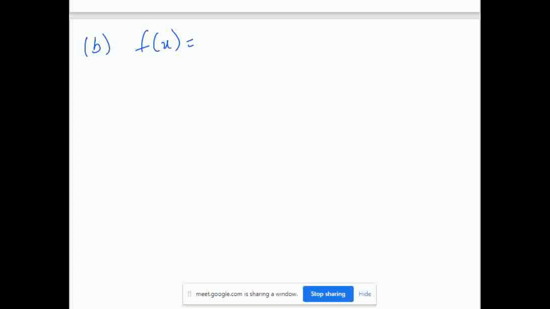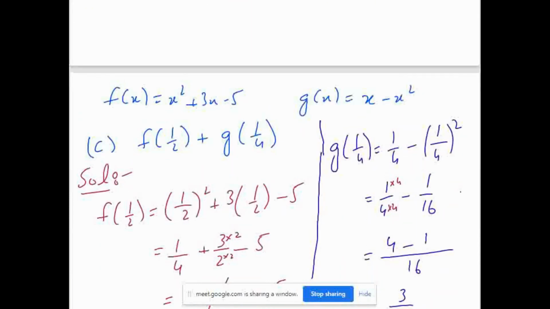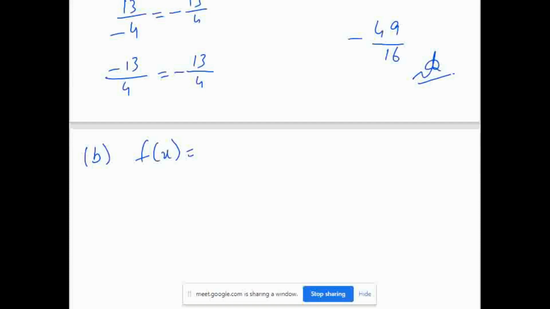Is it? Now here you can see that f of x is equal to what? Let's write the equation: x squared plus 3x minus 5. F of x is equal to x squared plus 3x minus 5, and g of x is equal to x minus x squared.